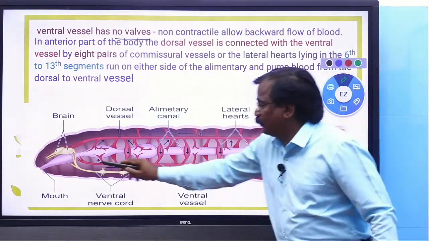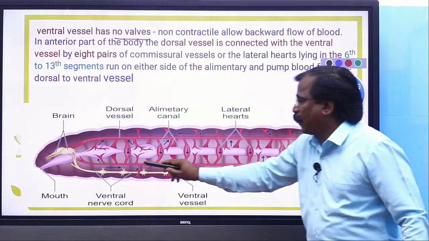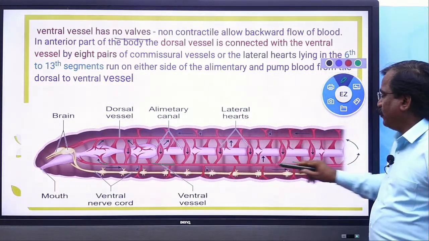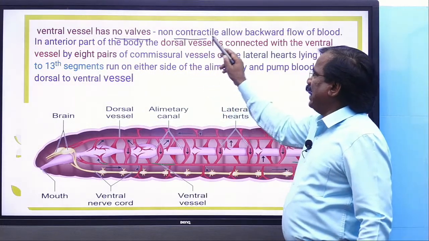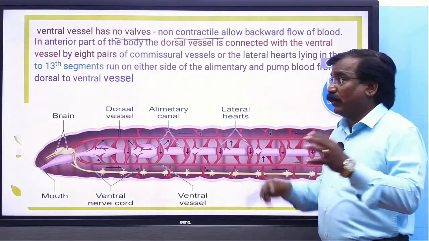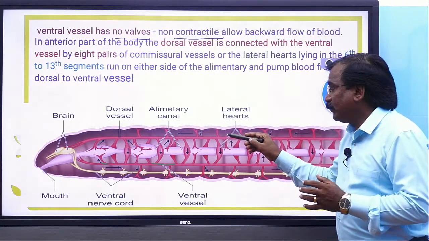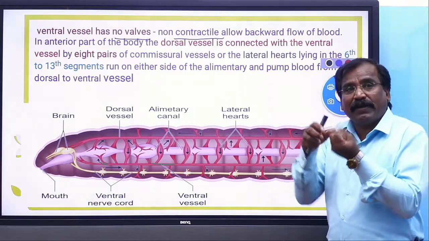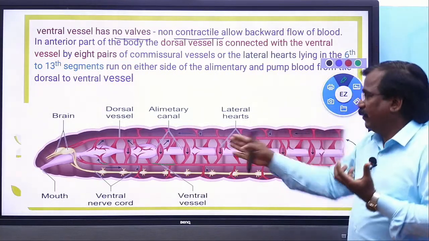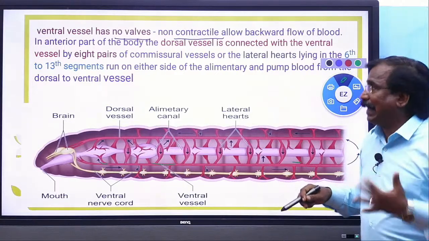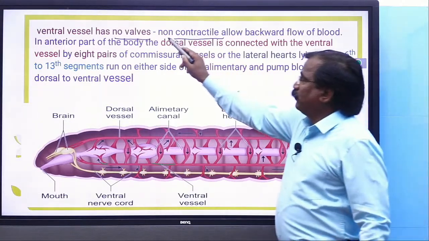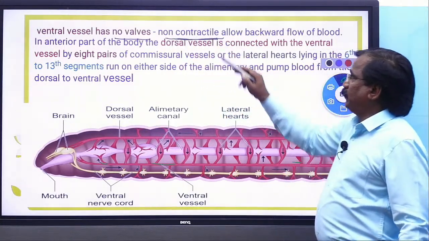Also, it is non-contractile, very important. The dorsal vessel is capable of contraction and relaxation, elastic in nature, but the ventral vessel is non-contractile in nature. These are the important terminologies.